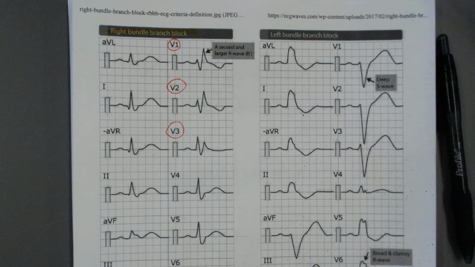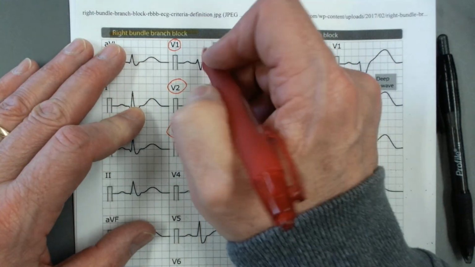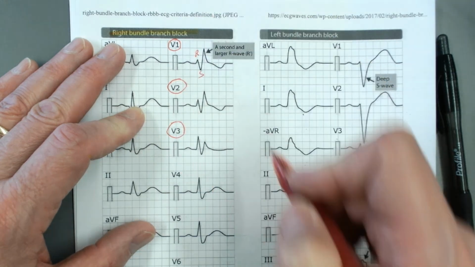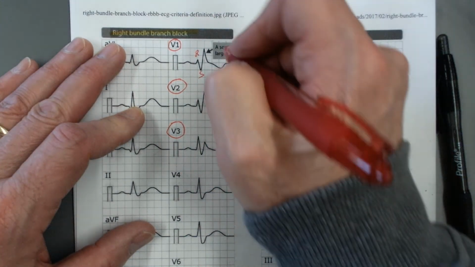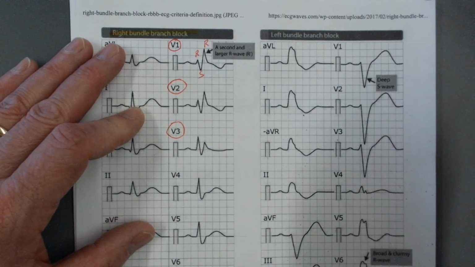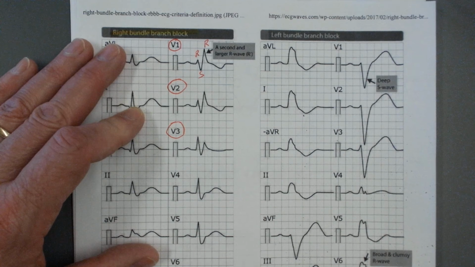This is called an RSR. So you have a pronounced R wave followed by a deep S wave, and then followed by another R wave, hence the so-called RSR that's in V1 through V3.